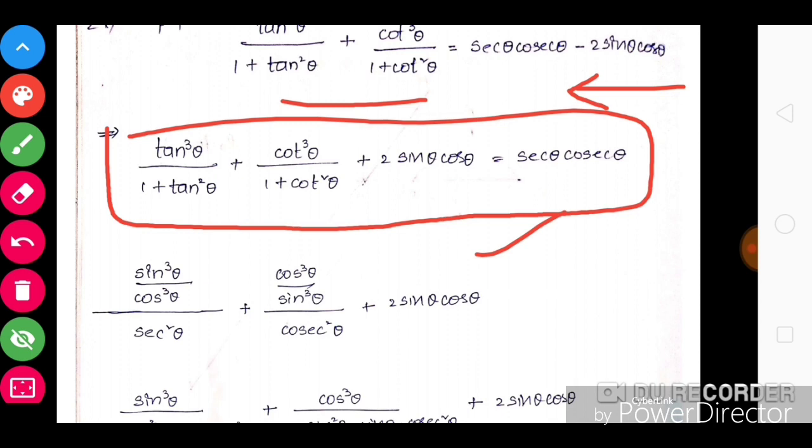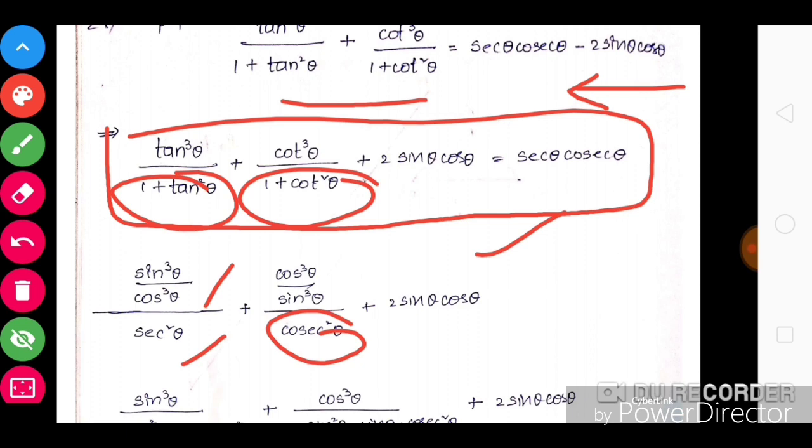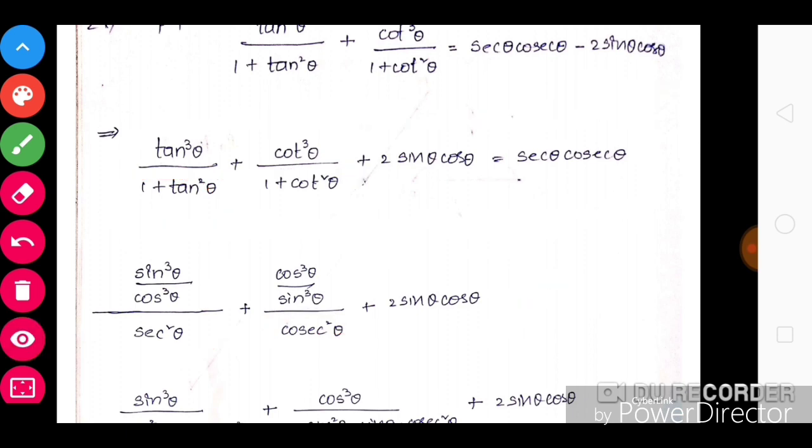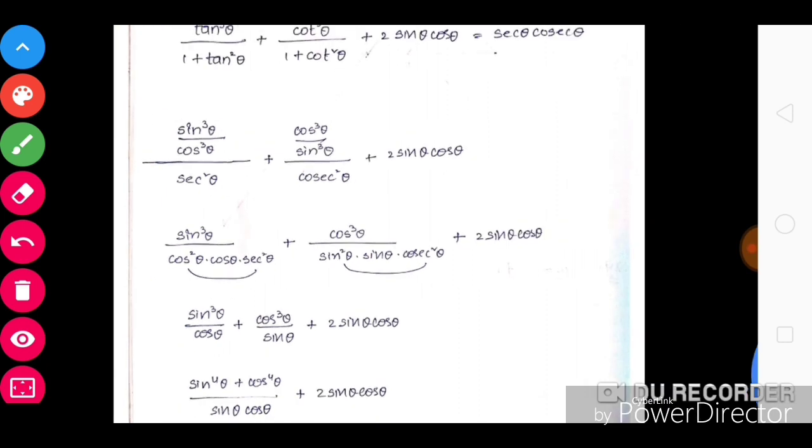Okay, so tan I can write as sin by cos, sin cube by cos cube. 1 plus tan square, by identity, is secant square. 1 plus cot square, by identity, is cosecant square. Cot I can write as cos by sin, plus 2 sin cos. So we'll get sin cube by cos plus cos cube by sin plus 2 sin cos.